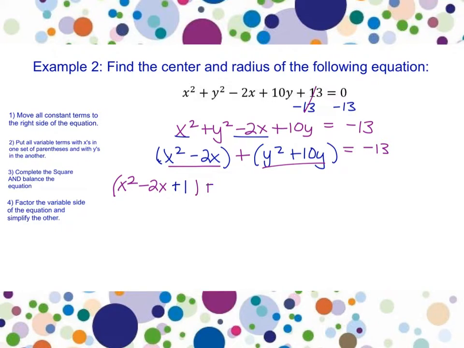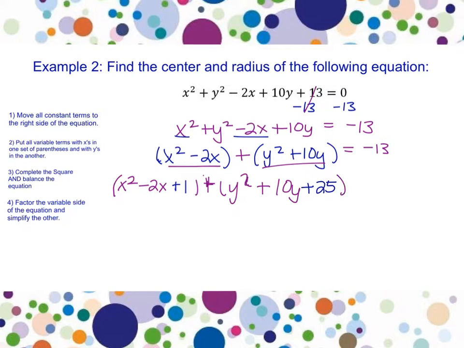And then I'm going to do the same process with this next expression. So y squared plus 10y. I'm going to take that 10, divide it by 2, so I get 5, and then I'm going to square that number, and that's going to give me 25.